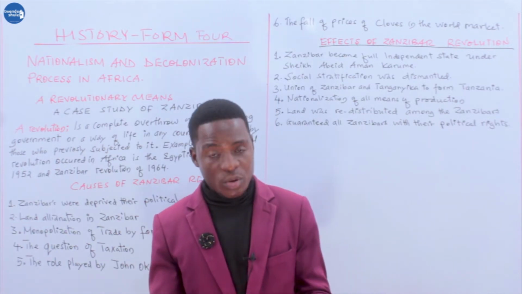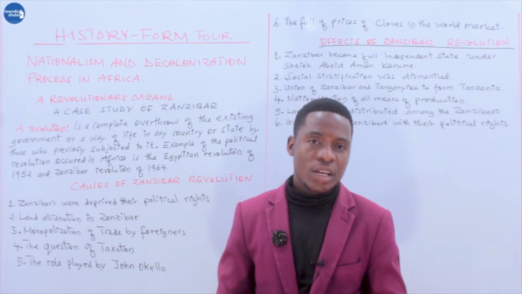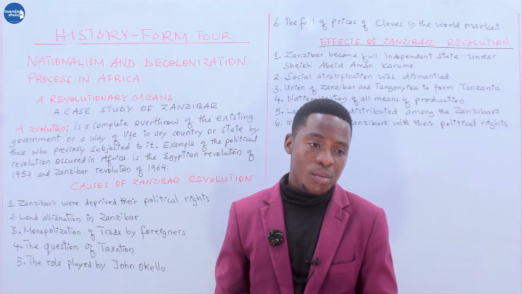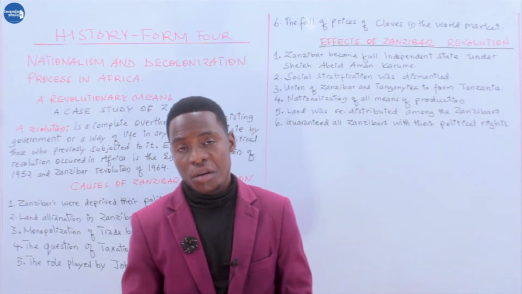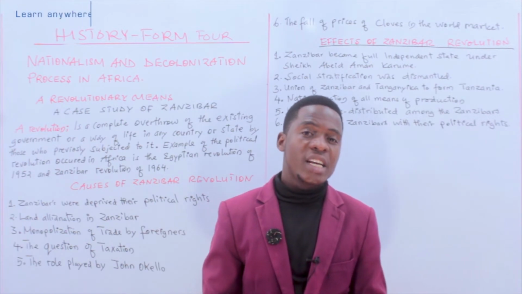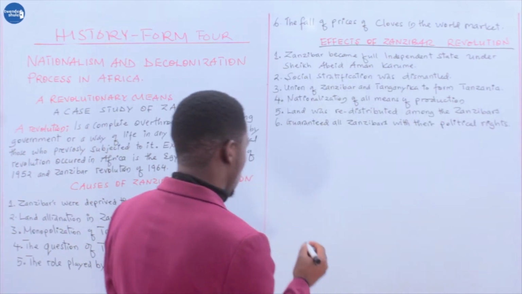While the Sultanate was still there, it was responsible to the British government. So the British controlled the island of Zanzibar from 1890 up to the 10th of December 1963.